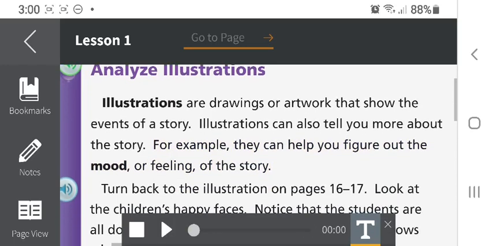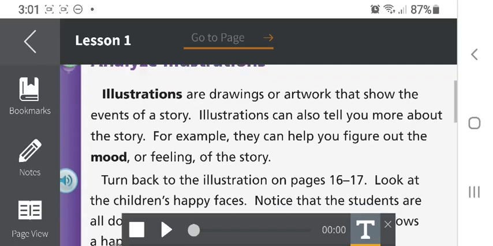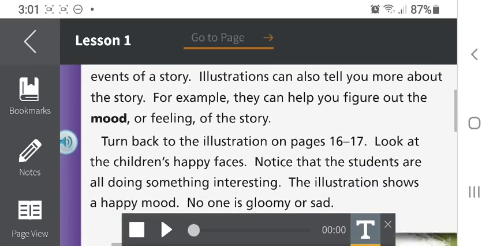So here, illustrations are pictures and drawings, like we saw in our story, where they showed girls carrying heavy books and they had exams, and one boy brushing his teeth at school beside his locker because there was no time.